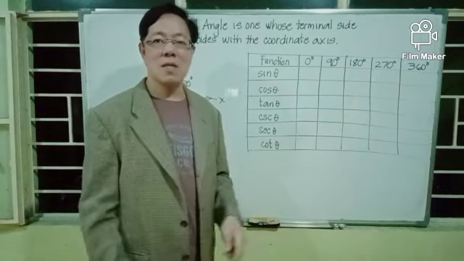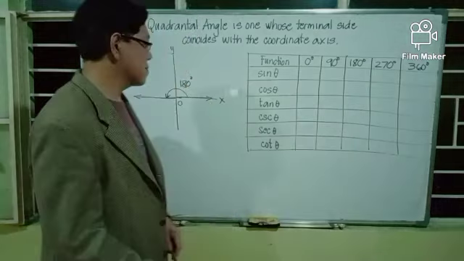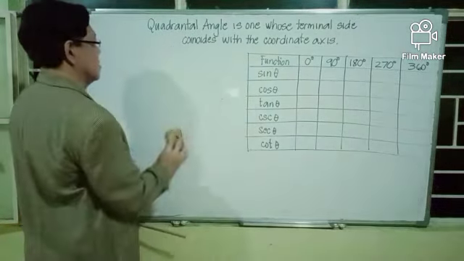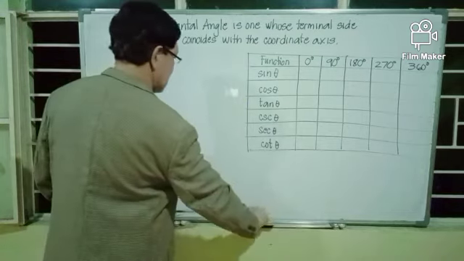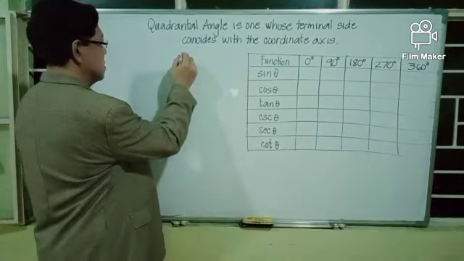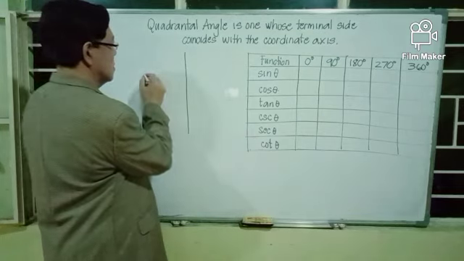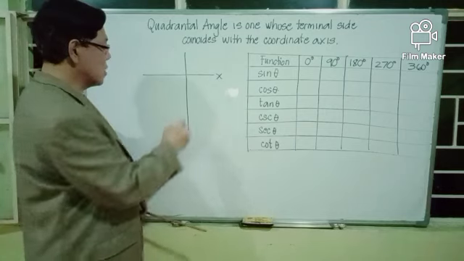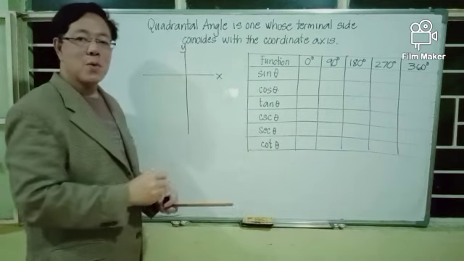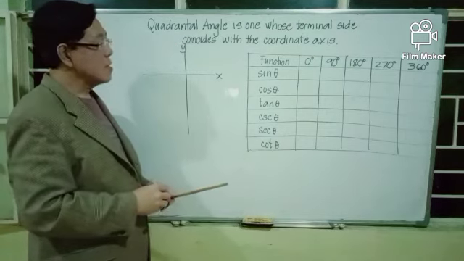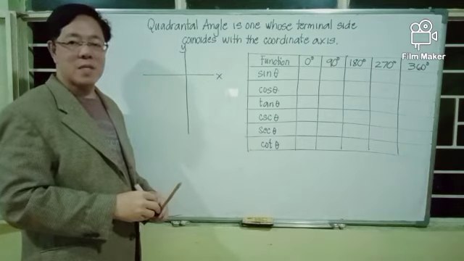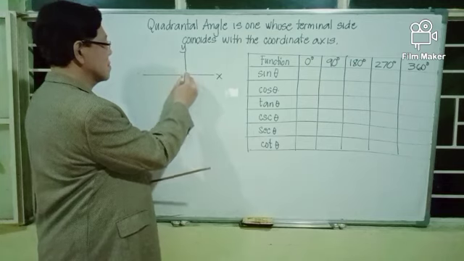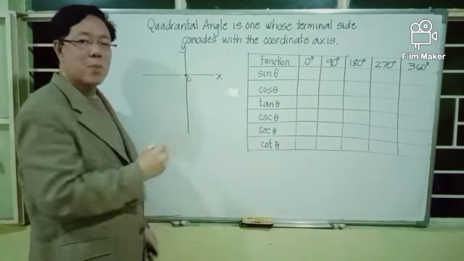270 degrees is a quadrantal angle. If you construct the angle 270 degrees, its vertex is at the origin, or the point 0.